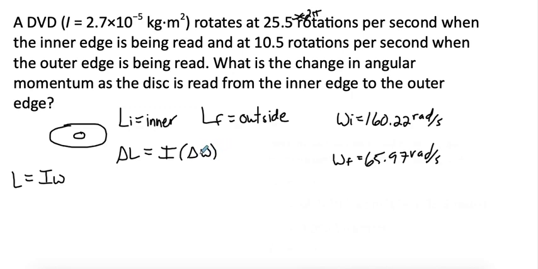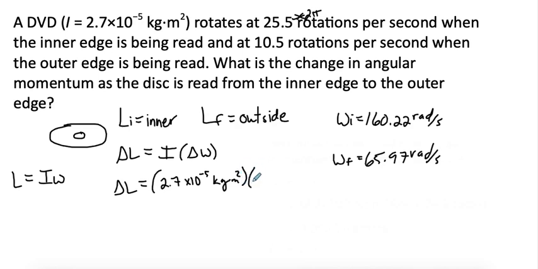So this is pretty easy to get, and we have our moment of inertia up above here. So let's just plug that in. So change in angular momentum is going to be equal to 2.7 times 10 to the negative fifth, and we're working in scientific notation here. That's a fairly small number. If you put that in your calculator as exactly as it is there, then you should be okay.